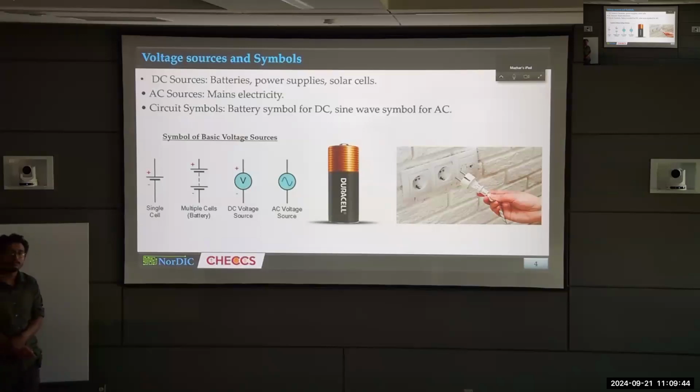Knowing where the current is going to go, which according to our notation is positive charge flow, is very important for those elements. At some point we'll be talking about diodes, for example. Diodes will allow current to go this way, but wouldn't allow it to go the other way. So it's important to know the direction of the current.